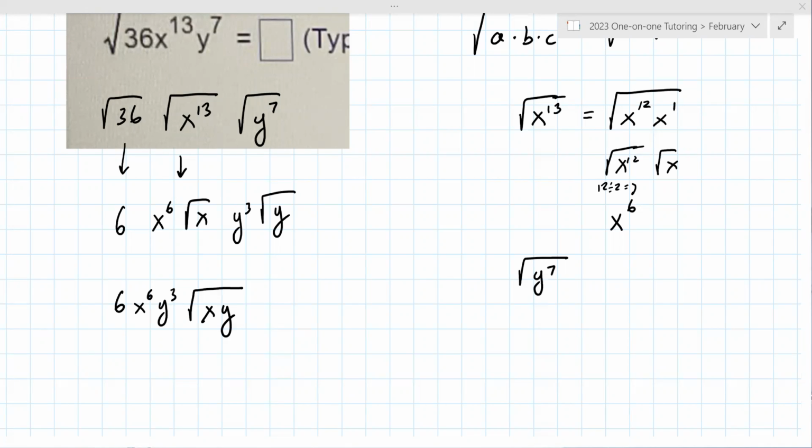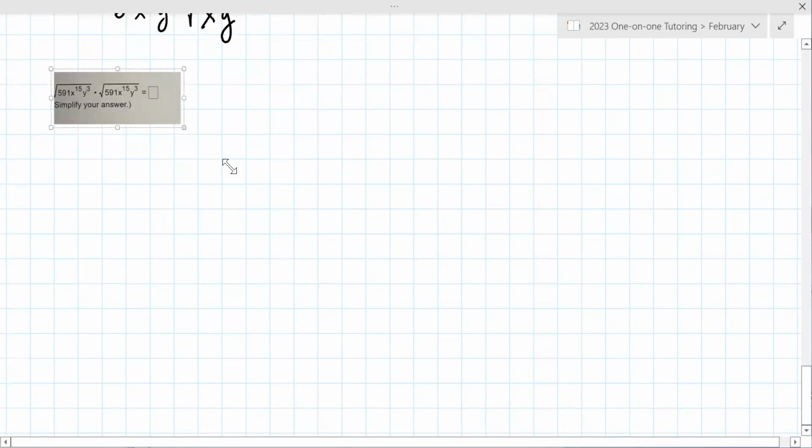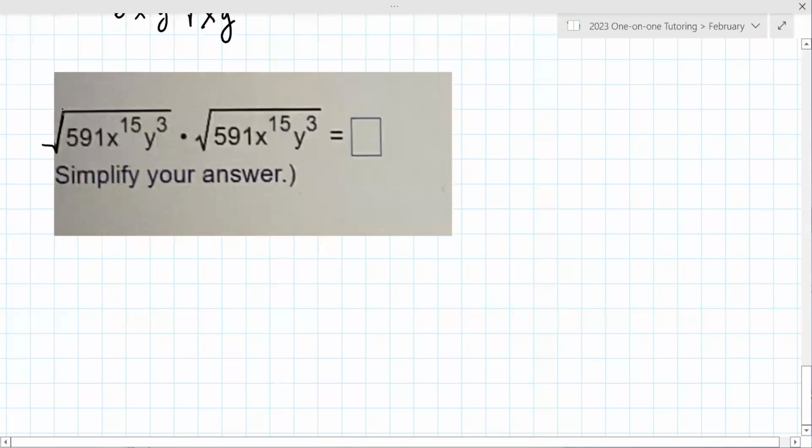All right, so the last picture is for number 2. This one looks more complicated than it actually is. Okay, so this problem here, it looks really complicated, like lots of stuff, but what it's really asking you is, what is the square root of a times the square root of a? Because notice what's underneath is exactly the same in both.